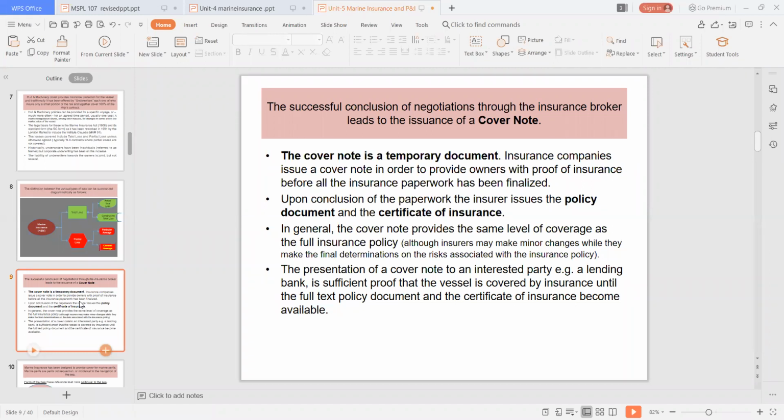In general, the cover note provides the same level of coverage as the full insurance policy, although insurers may make minor changes while they make the final determinations on the risk associated with the insurance policy. The presentation of a cover note to an interested party, for example a lending bank, is sufficient proof that a vessel is covered by the insurance until the full text policy document and the certificate of insurance become available. See the importance of a cover note, what it covers, that.